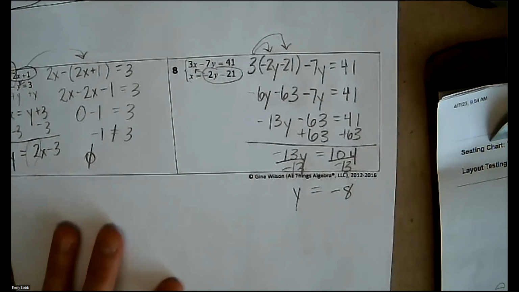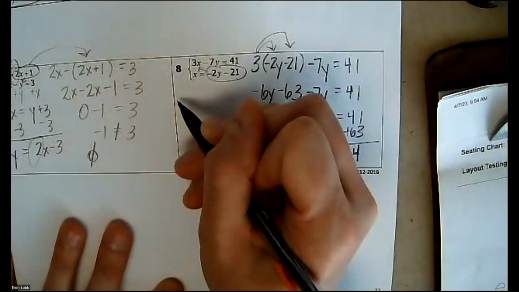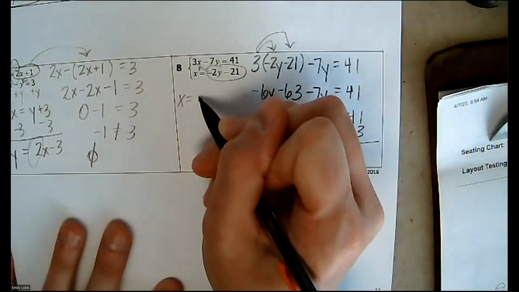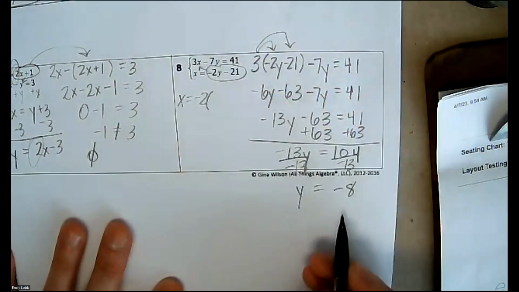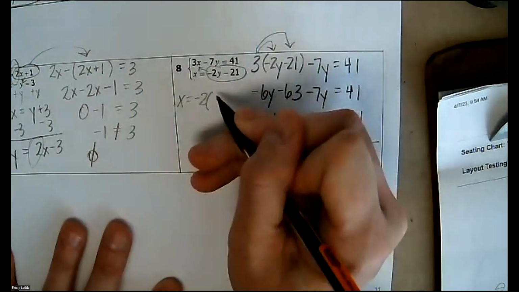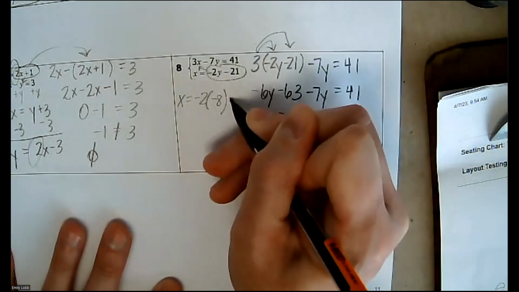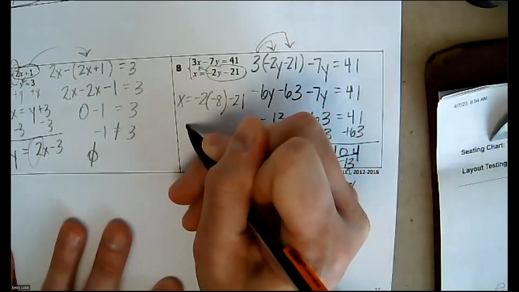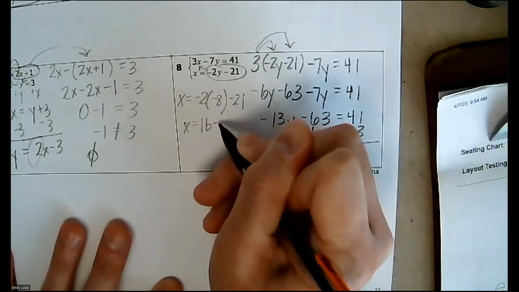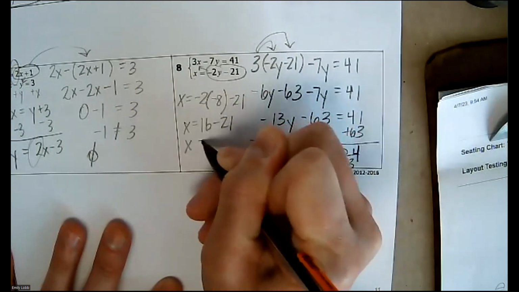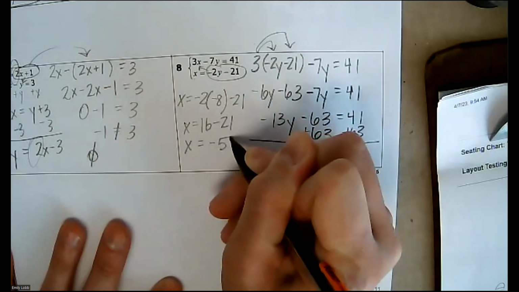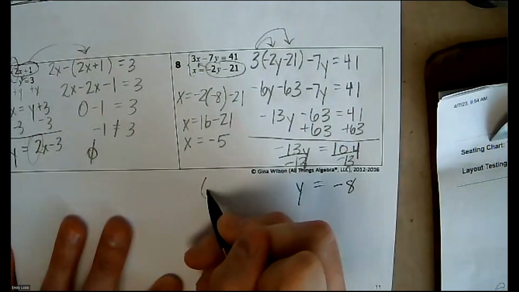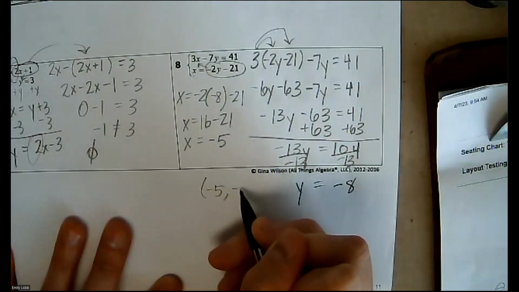So I can't stop here though. I've got to figure out x. So x is equal to negative 2 times that negative 8 minus 21. So x is equal to 16 minus 21. X is equal to negative 5. So here's your point where they intersect.